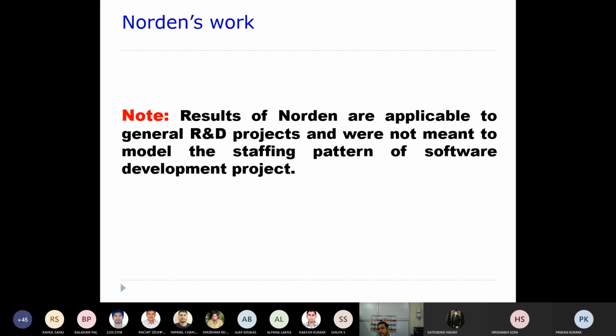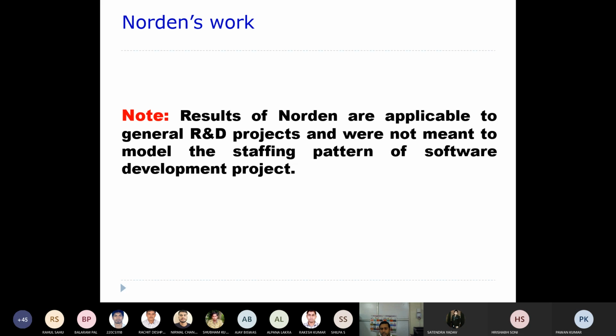The results of Norden are applicable to general R&D projects; they were not meant to model the staffing pattern of software development projects. This approximation was carried out for R&D kind of projects.